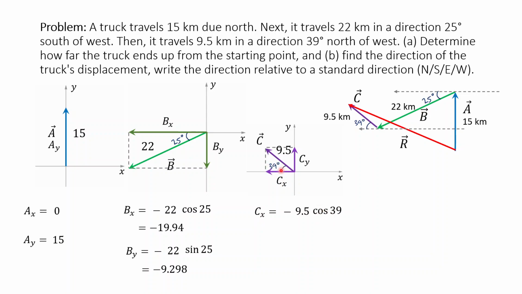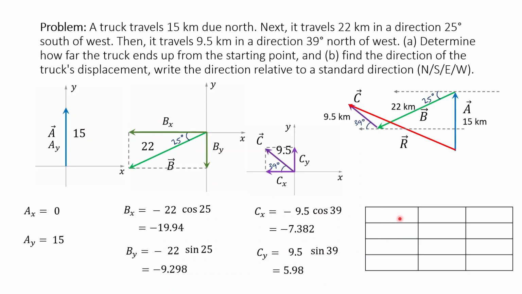This angle is from the x-axis. This is equal to, find cosine 39 and multiply, you will get this. Now the y component, cy, this vector points to the positive y direction, so it is positive. Now put the magnitude, and for the y component you need to multiply sine of this angle. This is equal to 5.98.